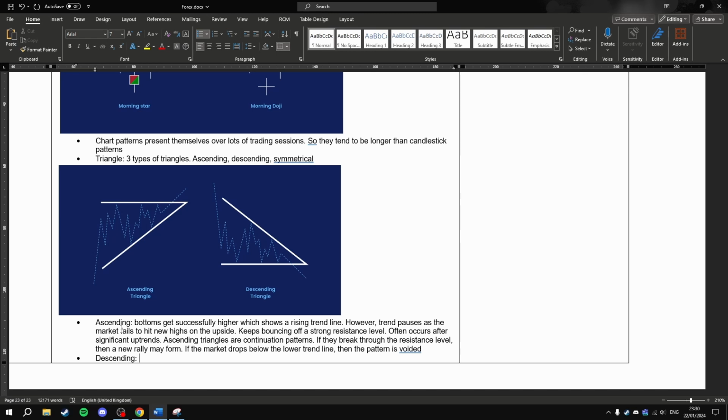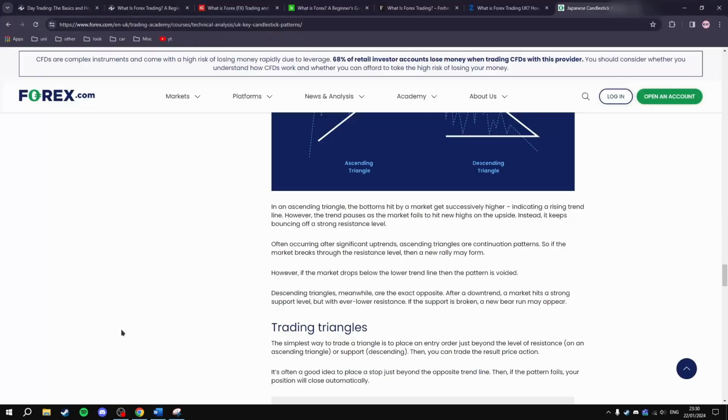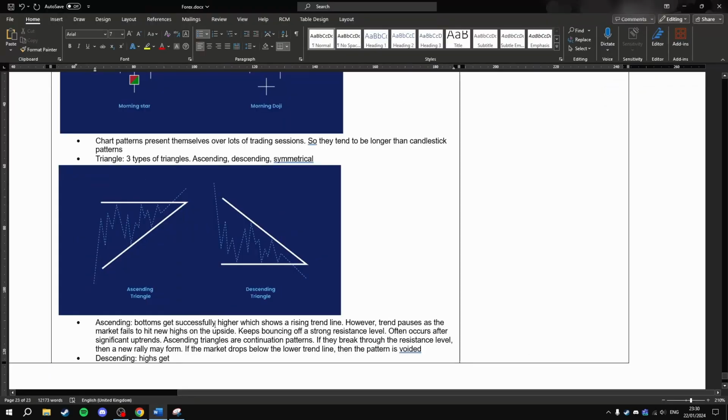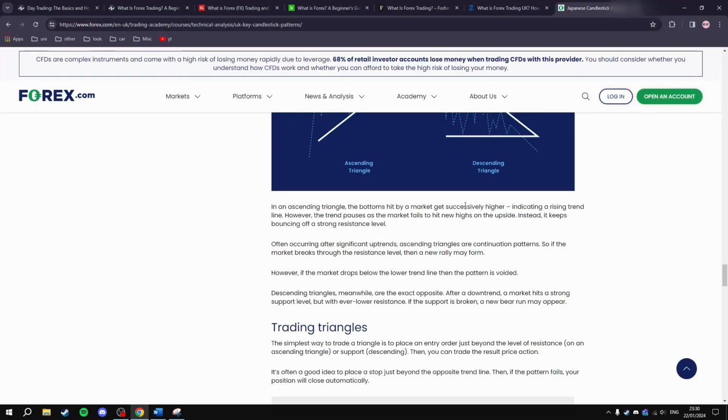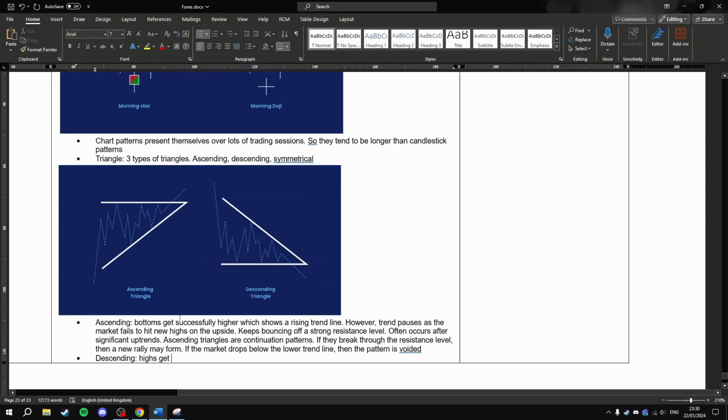This one is highs get successively lower, which shows a falling trend line.